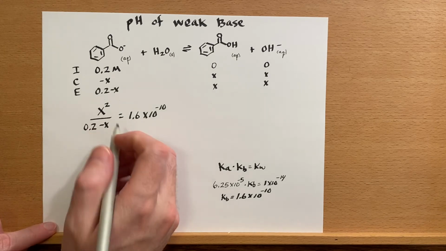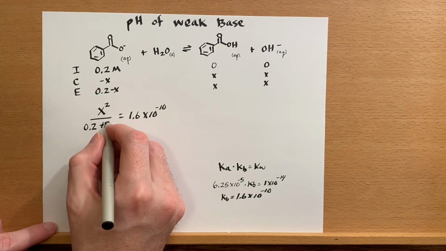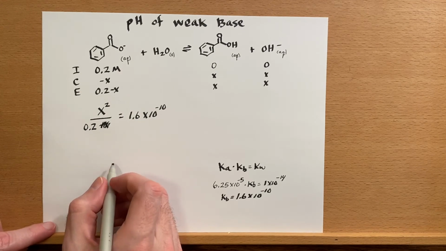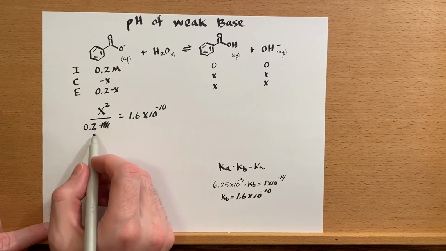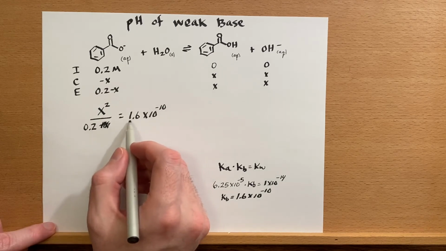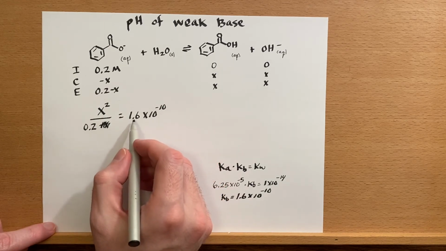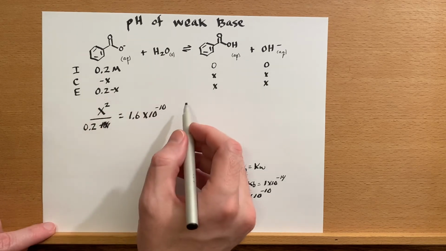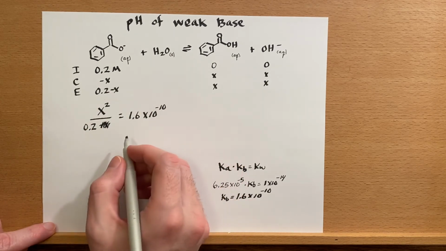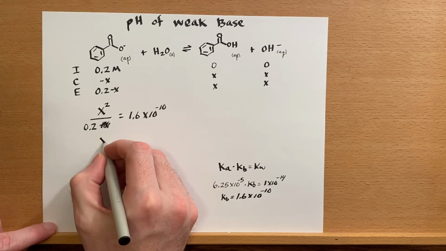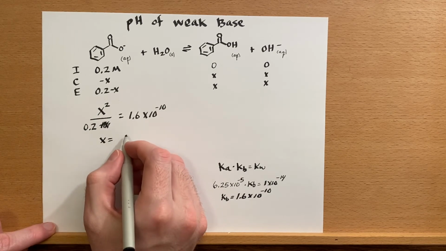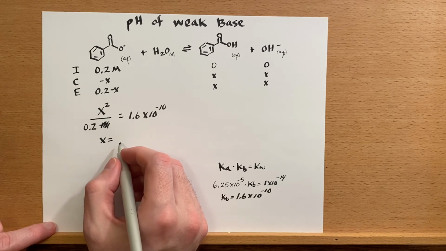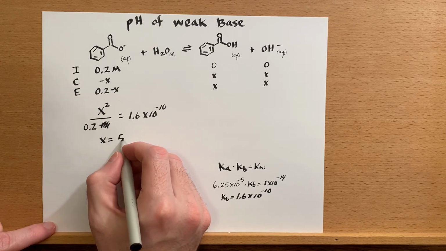So we can just ignore this minus x and simplify our problem. So in that case, we just multiply 0.2 by both sides to get it over here, and then take the square root of that, and we should get x is equal to 5.66 times 10 to the minus 6.